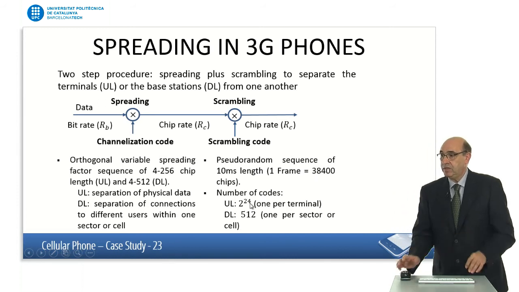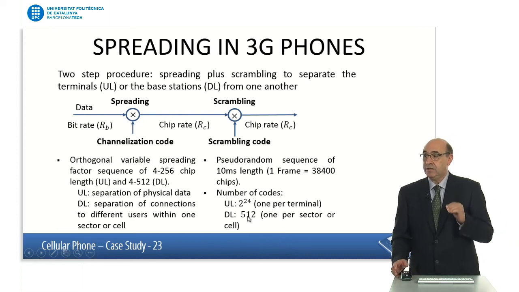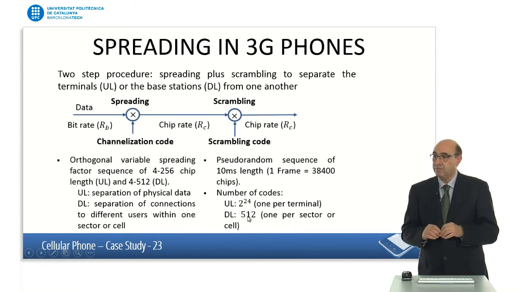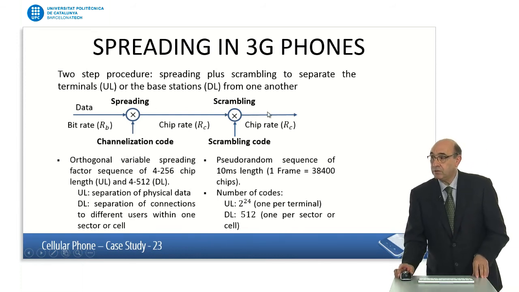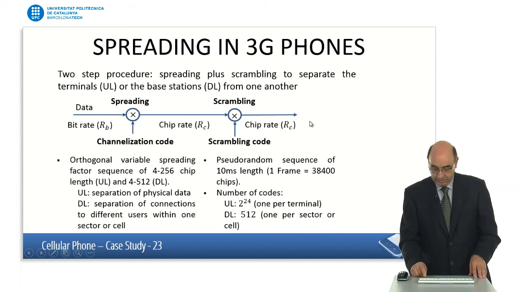And the downlink is only 512. It's 1 per sector or cell. So here it identifies the cell, the base station, but this is different in one case than the other. And you have to combine those 2. So you enter your data rate, and then here this is a much higher bit rate, and this is the signaling rate.